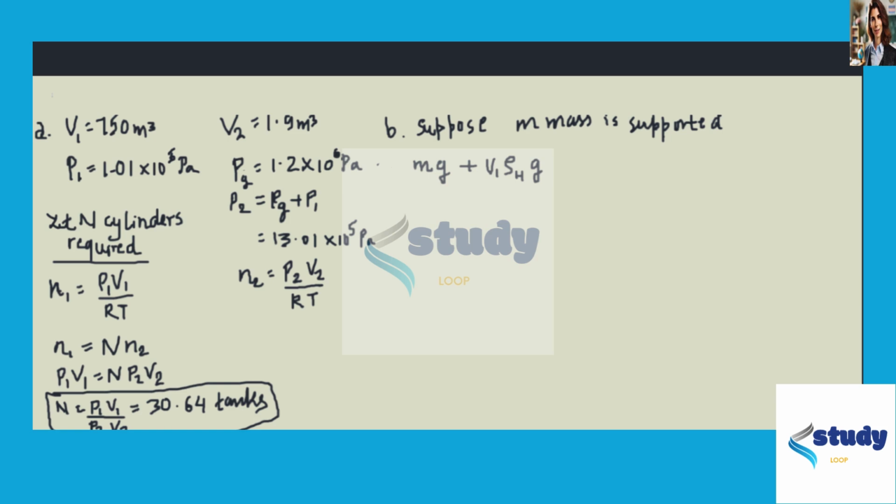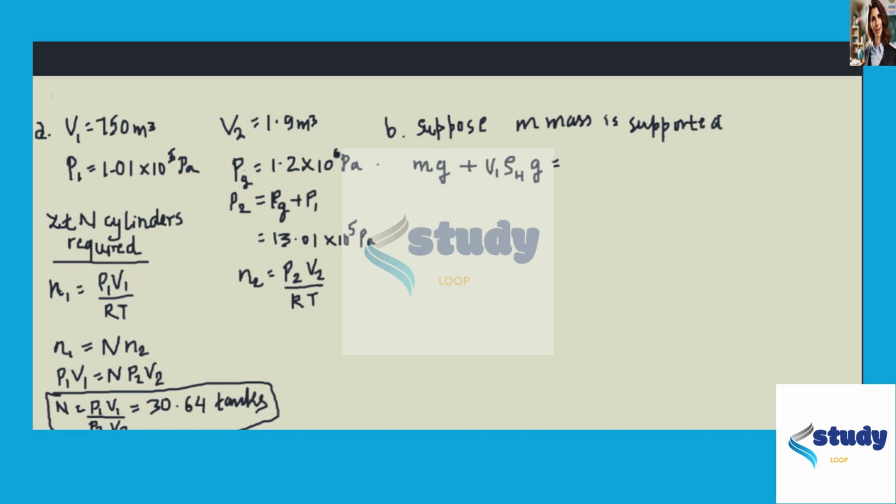To support all this weight, the balloon should have some force applied upwards. That is the force due to buoyancy, which is given by the mass of air displaced into gravity. The mass of air displaced is the volume of air displaced into density.